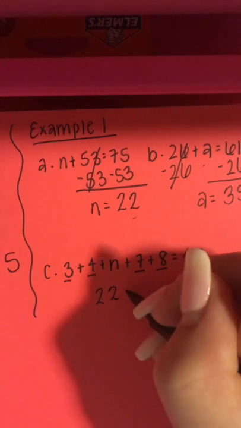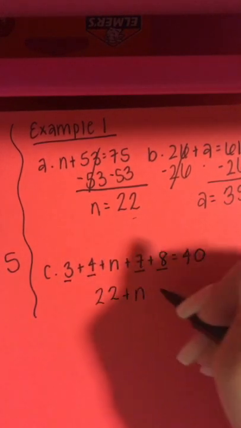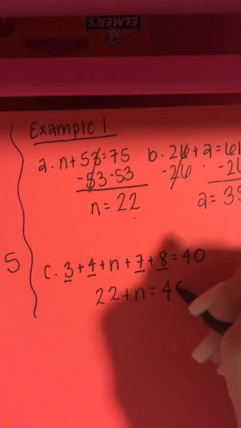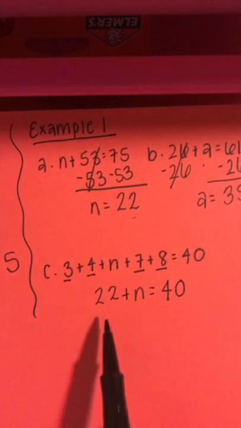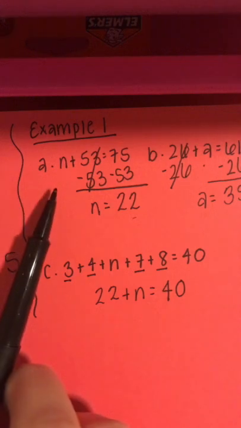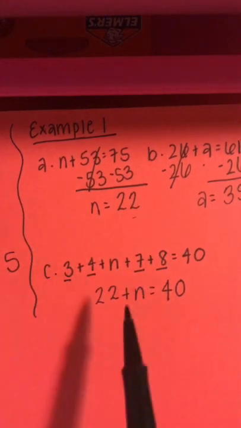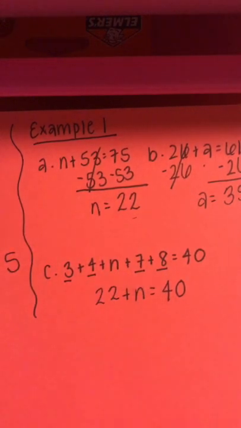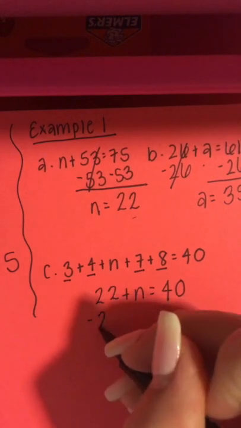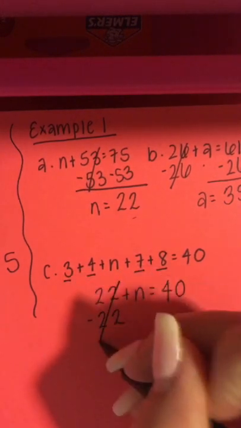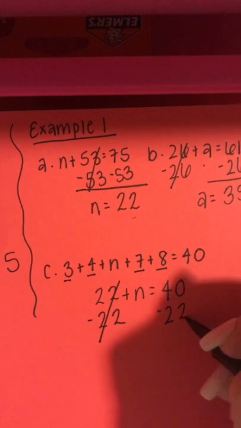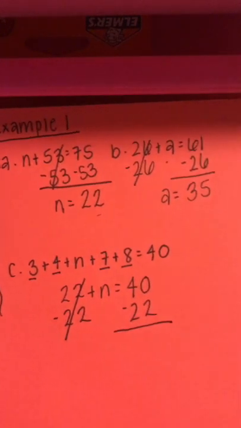So you'll have 22 plus n equals 40. So now your equation looks the exact same as what you did for both a and b. So now you need to isolate n. So you will subtract 22 from both sides. You're subtracting the addend from the sum.